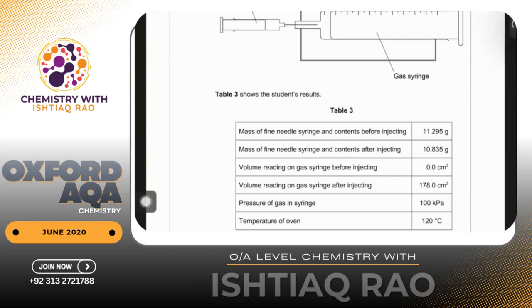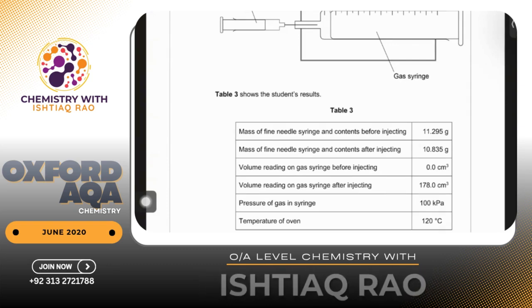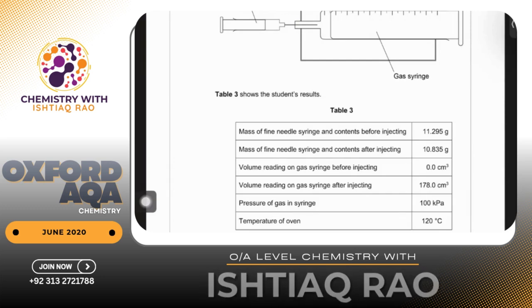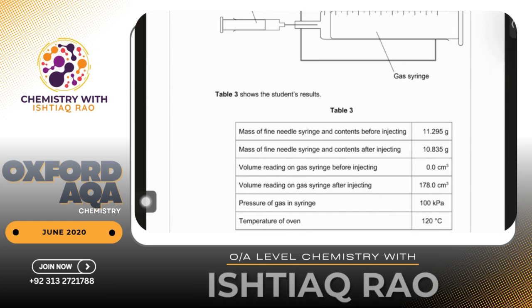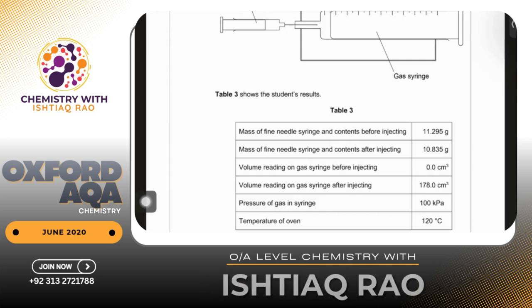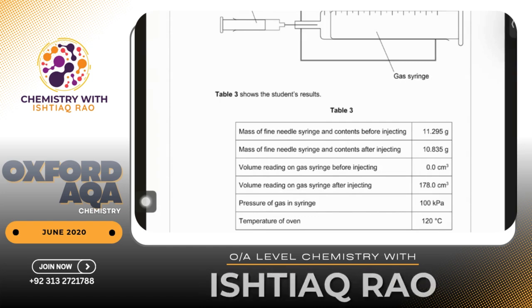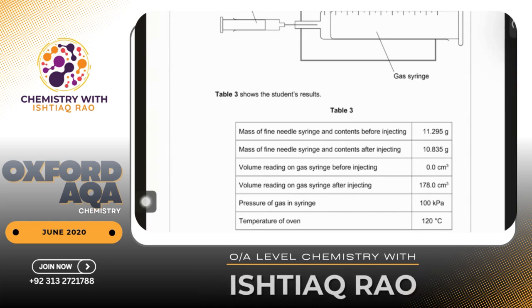So yeah, we can then find out, we have the mass and we also have the MR, I think. So we can divide them to find out the number of moles and put that into the equation. But then we have everything.